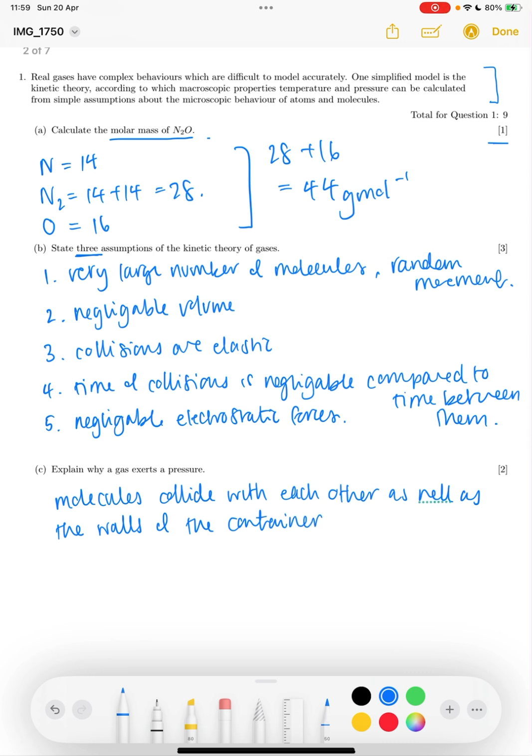Right, this is just like the balloon wall that he talks about. When they hit the container wall, they exert pressure.